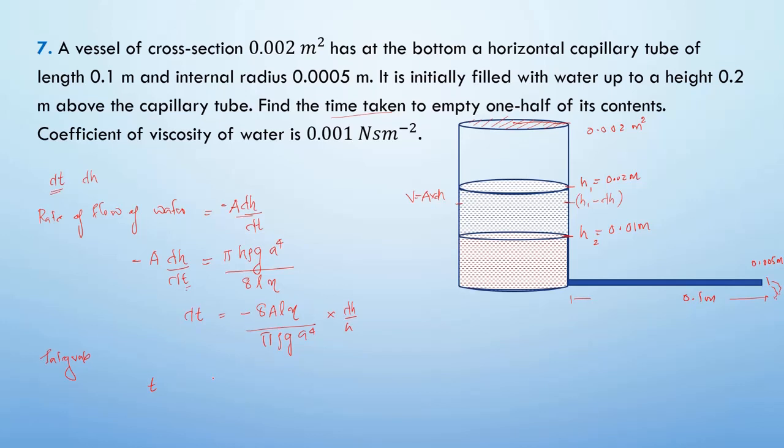All these are constants, so it is minus 8 A L eta divided by pi rho g r to the power 4, and what we are integrating is just dh by h, from h1 to h2.